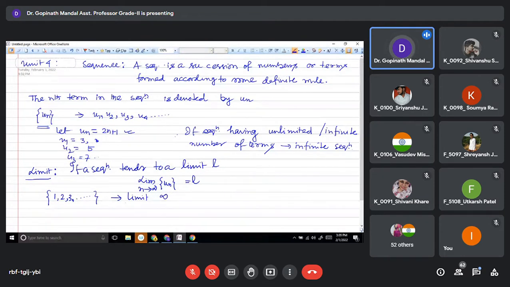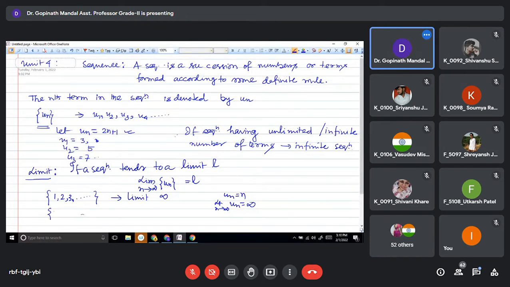Infinity, because un as n tends to infinity, un equal to n. So limit n tending to infinity un, that will be infinity. So limit of this sequence is infinite number, infinity.